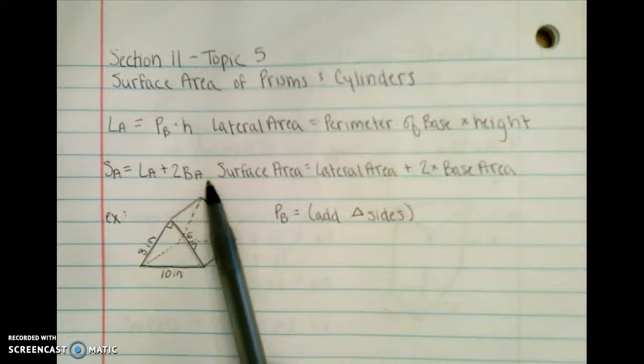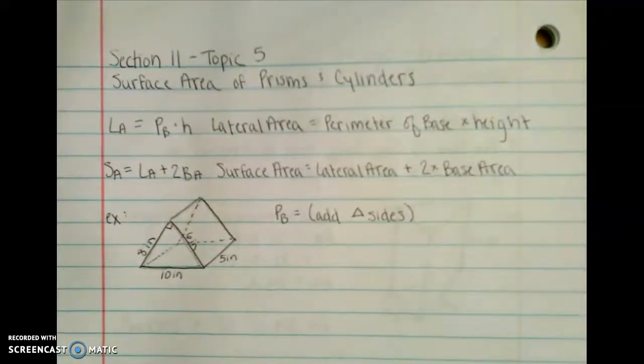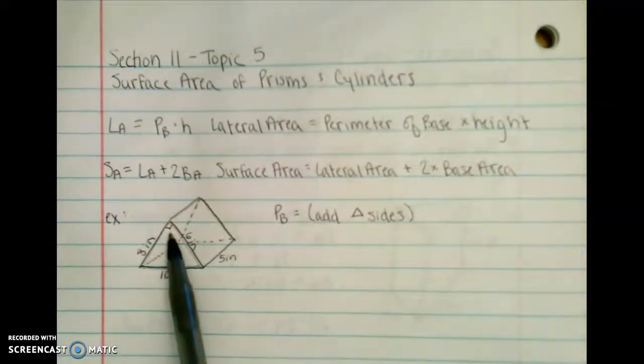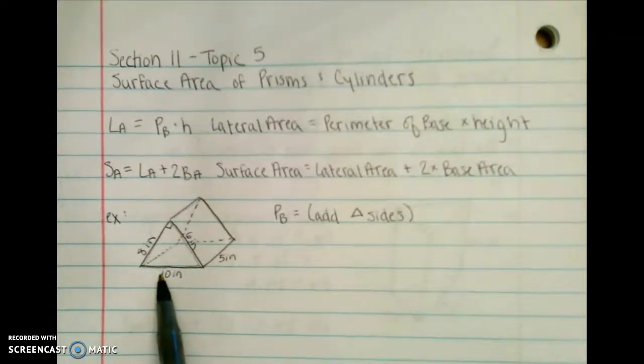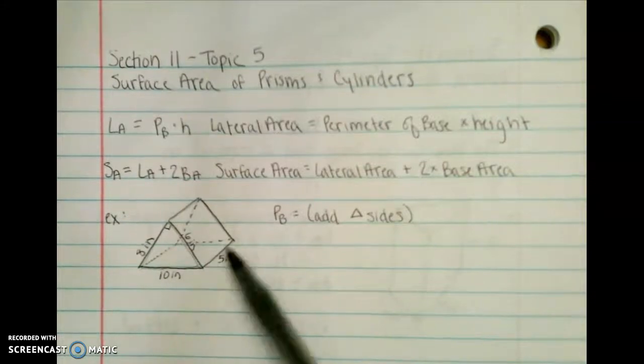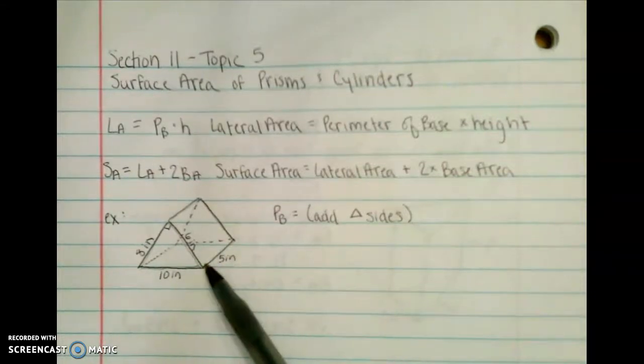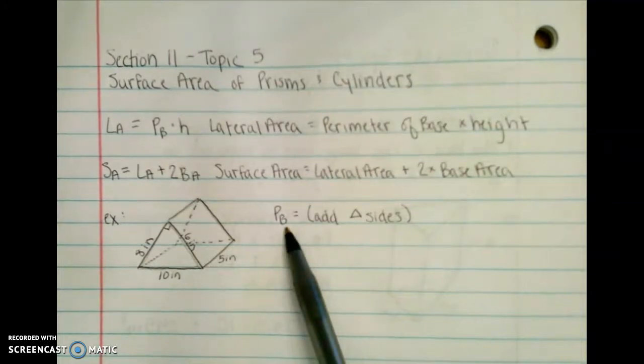In this first example, I have a triangular prism, the sides of the bases are 8, 6, and 10, and the distance between the bases is 5. The first thing we need to find is the perimeter of the base.